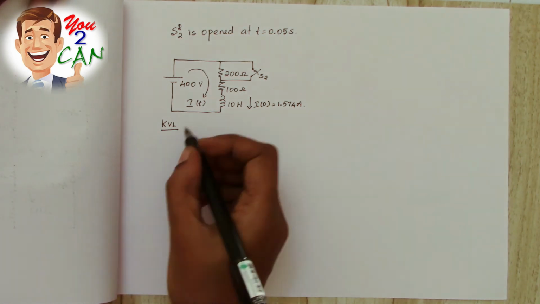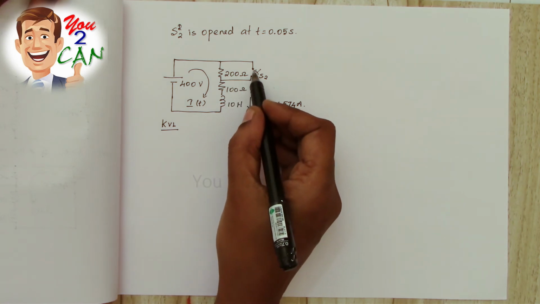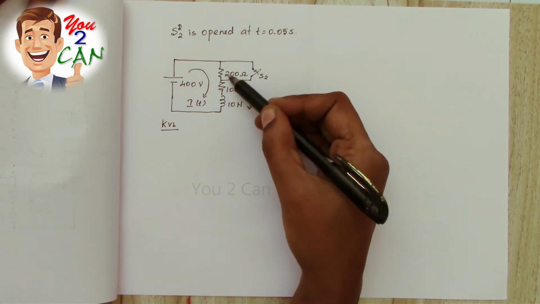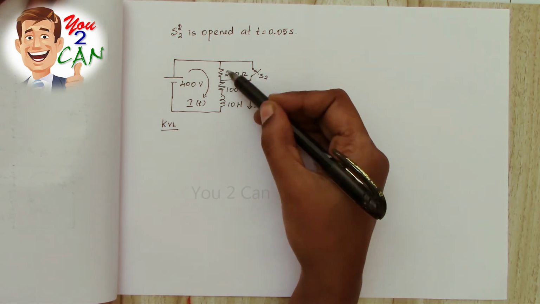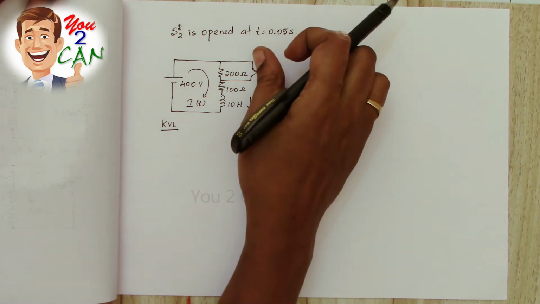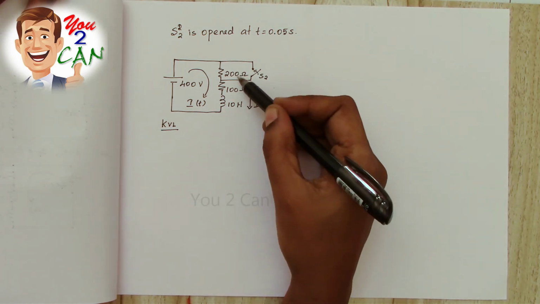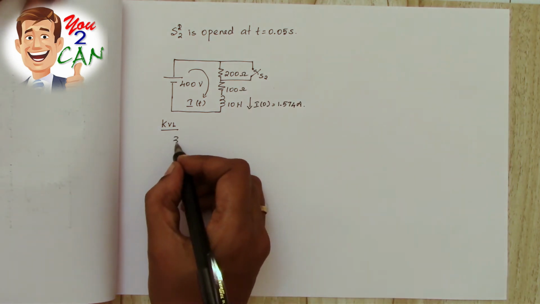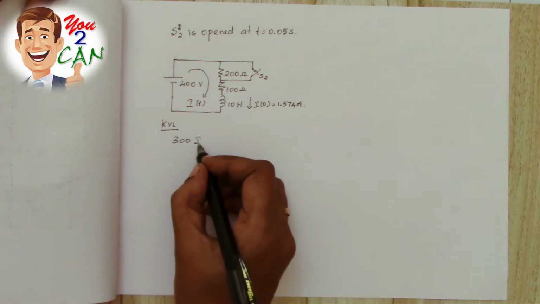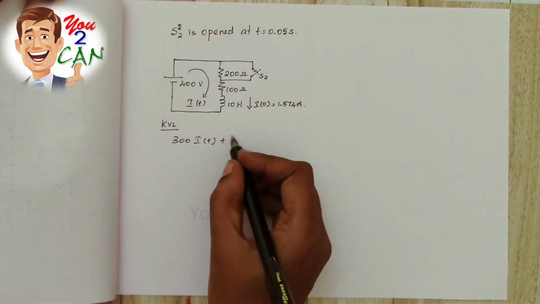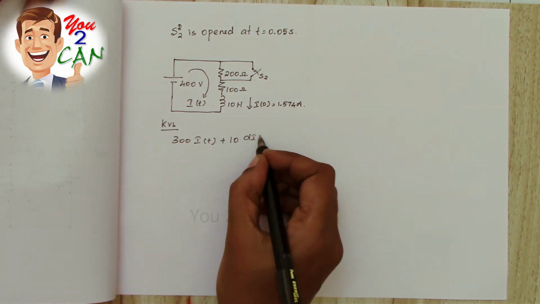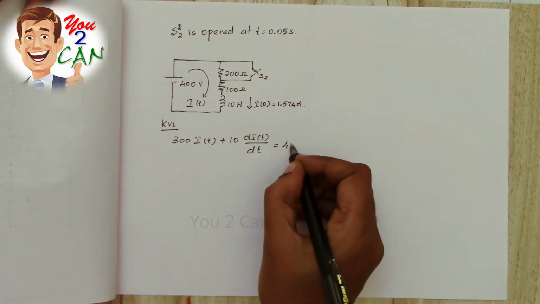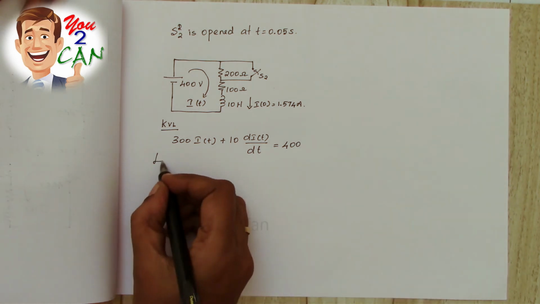Now you have to write the KVL equation for this. The switch is opened, which means this resistor is present in the circuit. Now what will be the total resistance? These two resistances are in series. Now 200 plus 100 adds up to 300 ohms. So 300 into i of t plus the inductor, 10 di of t by dt, will be equal to 400 volt. Now apply Laplace.